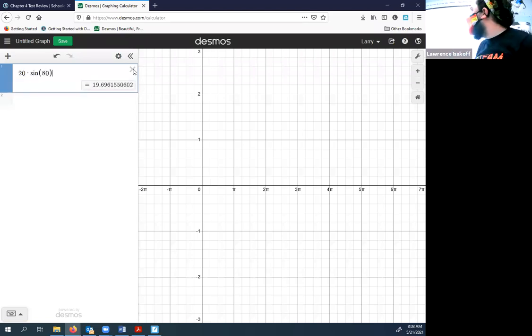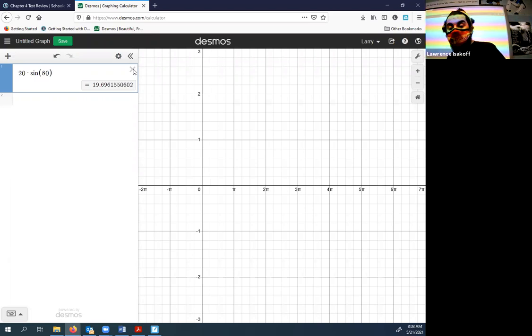And that tells me my ladder gets, wow, 19.7 feet up there. So it nearly gets up 20 feet. Thinking about how steep of an angle 80 degrees is, you might not want the ladder that close to straight up. You might want to scooch it out a little further and maybe have it make more of a 75-degree angle, because this is like a third of a foot away from the full length of the ladder.